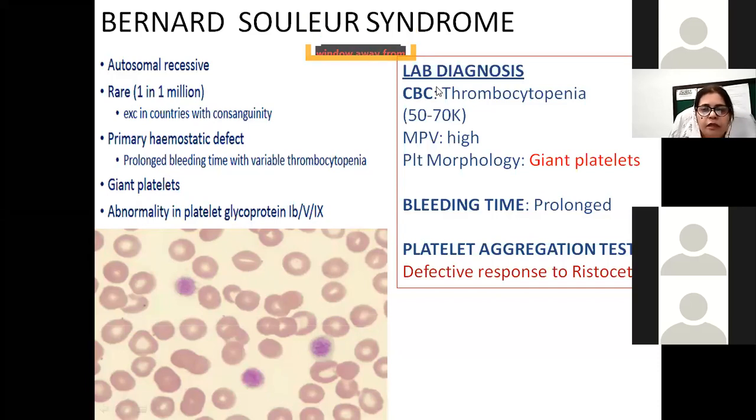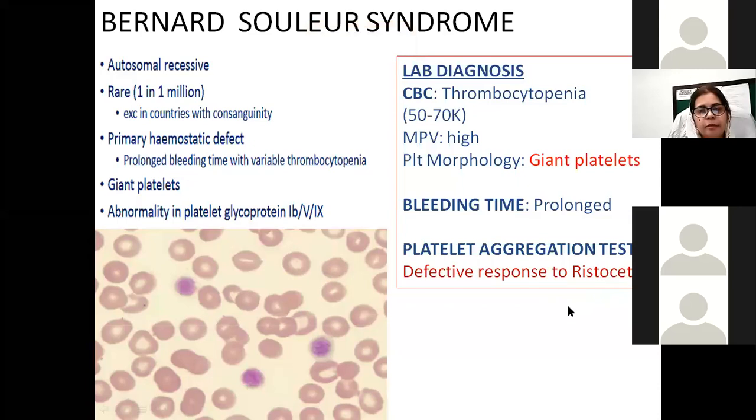So how do we diagnose these patients? CBC will show thrombocytopenia with a platelet count between 50 to 70,000. Mean platelet volume, which tells you about the size of a platelet, is high because of the presence of giant platelets, which is confirmed on the morphology. Bleeding time, which assesses the functional activity, is prolonged, and the specific test for platelet aggregation shows defective response to ristocetin.